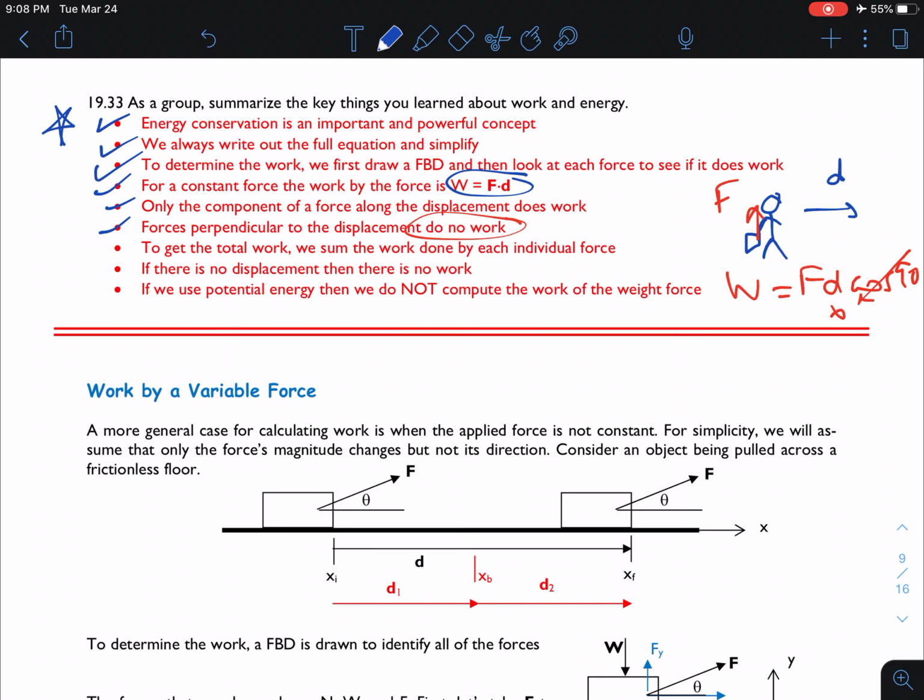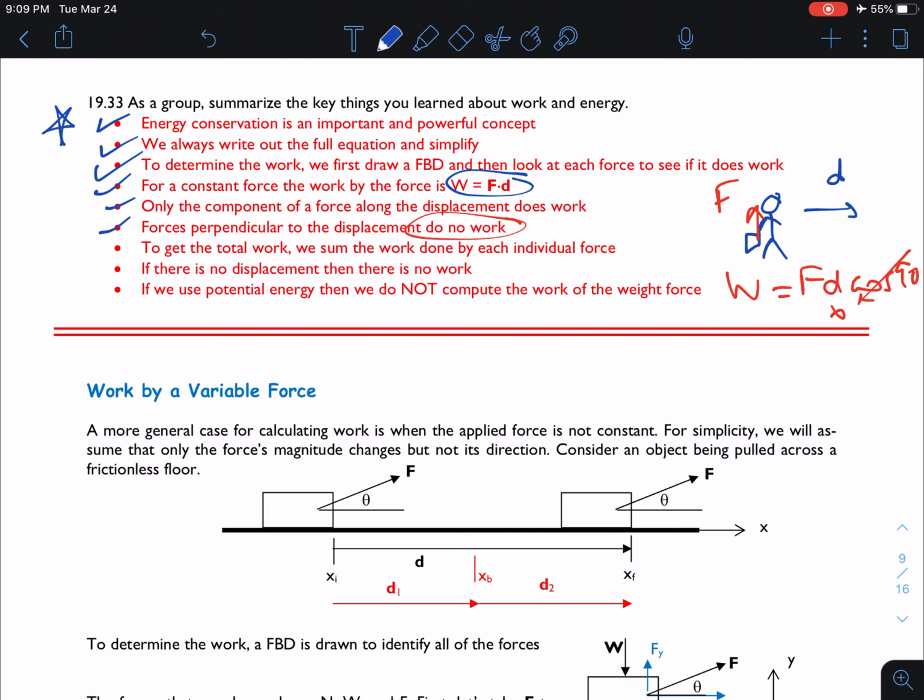To get the total work, we sum all the work done by each individual force, and the work can be positive, negative, or zero, so you have to keep the signs. Or you can find the net force and use that to find the total work.